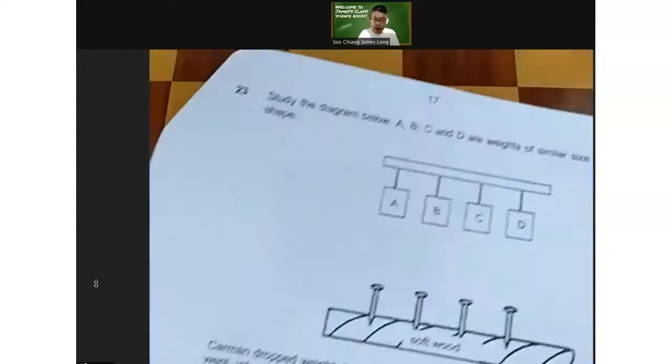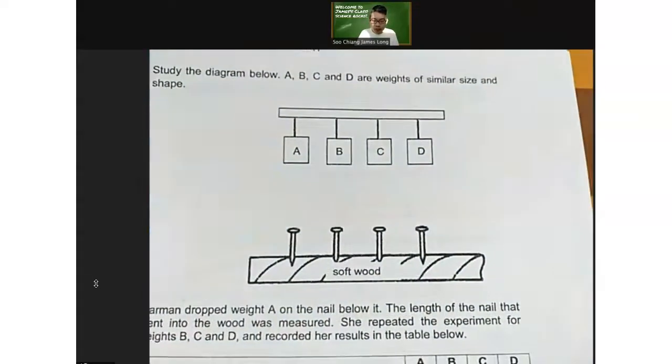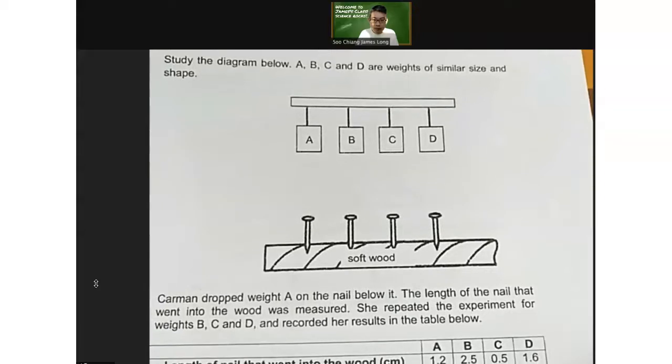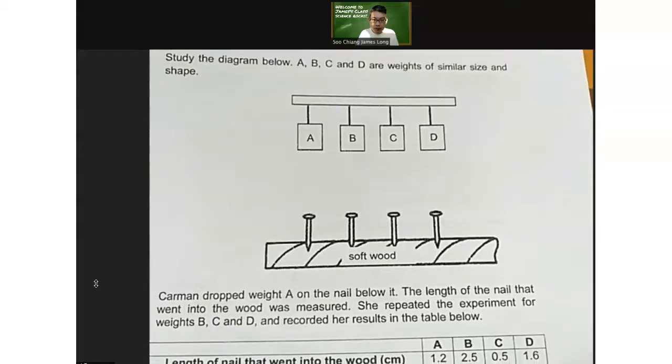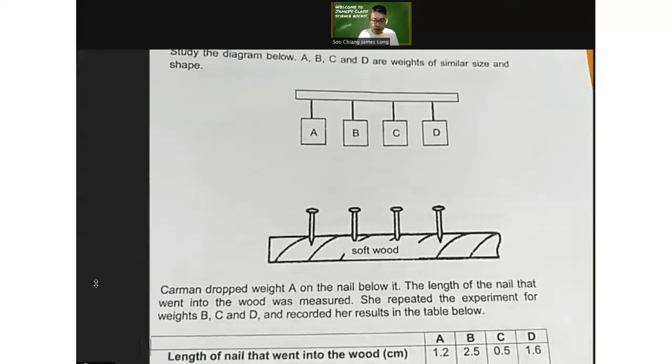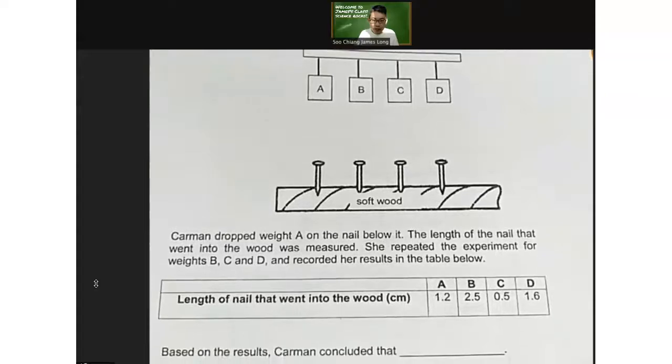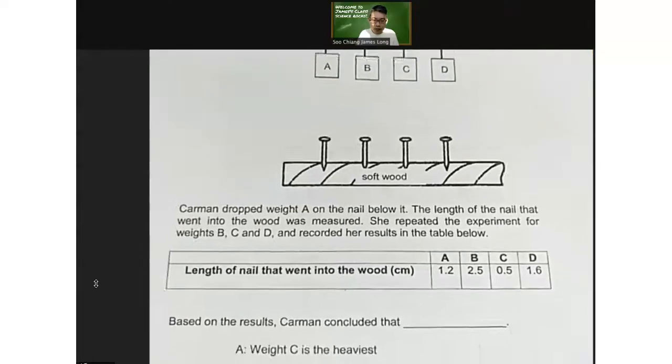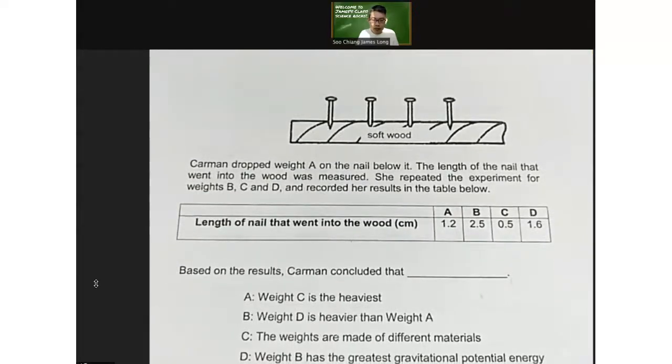Now, let's take a look at this question. I'll show you one more time and you come to a conclusion, right?